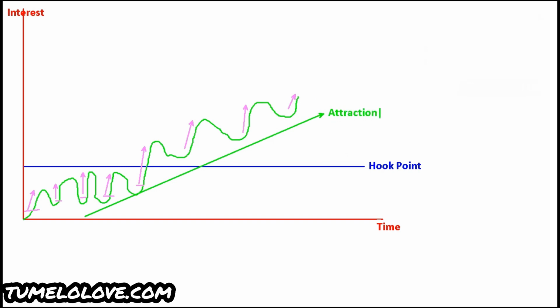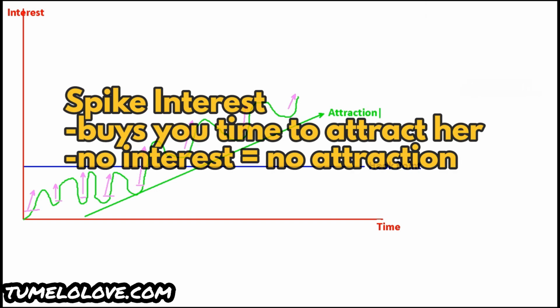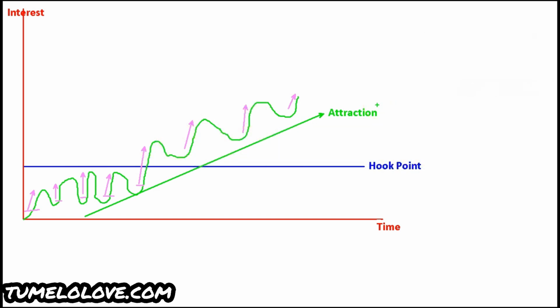Spikes in interest buy you time to attract her. And if she has no interest in what you have to say or who you are, then you won't be able to develop attraction. That is why hooking is so important.